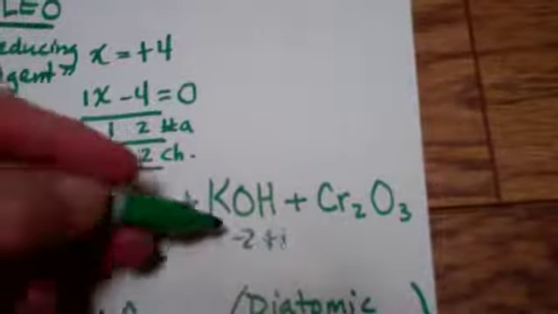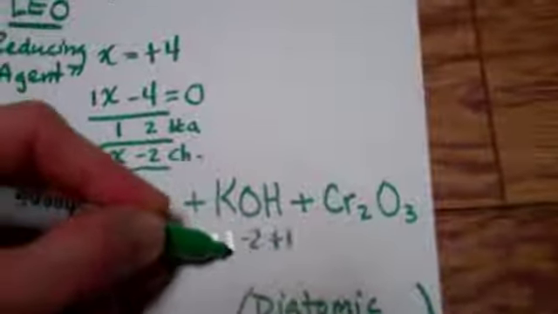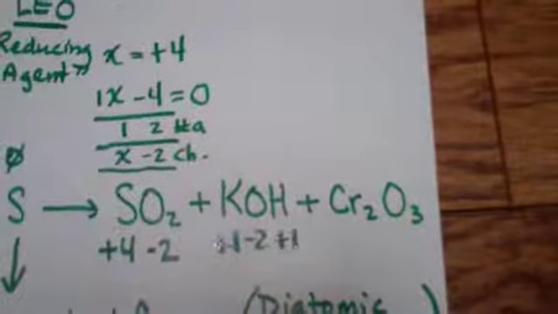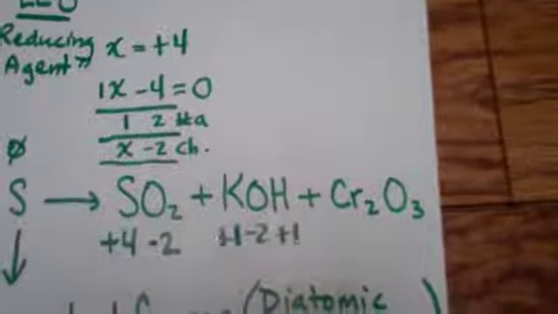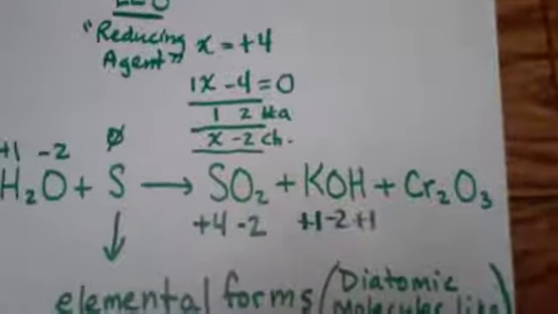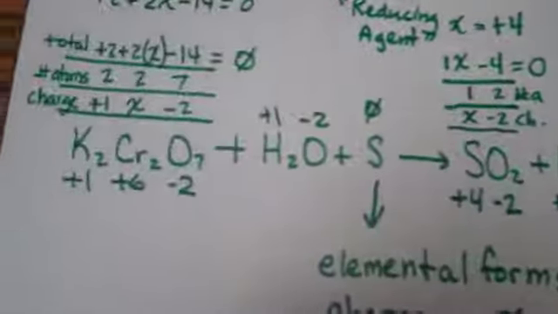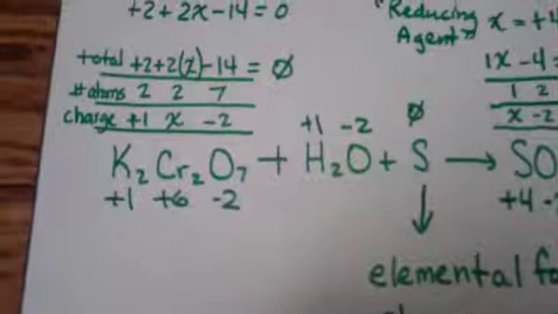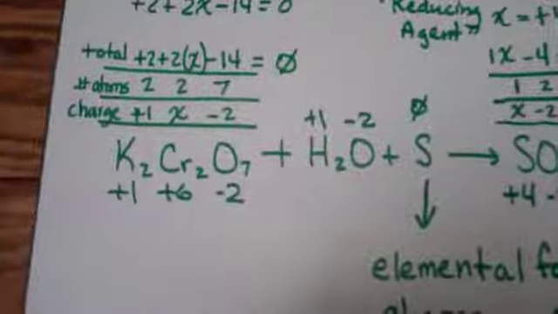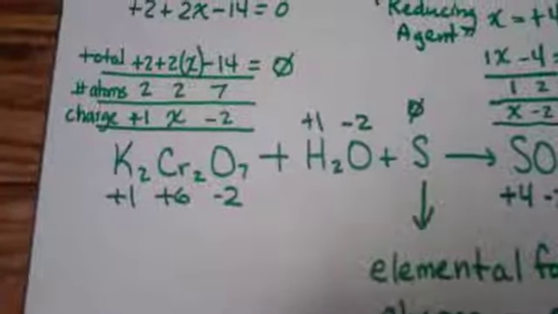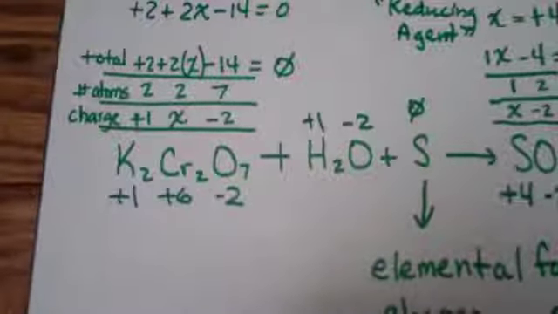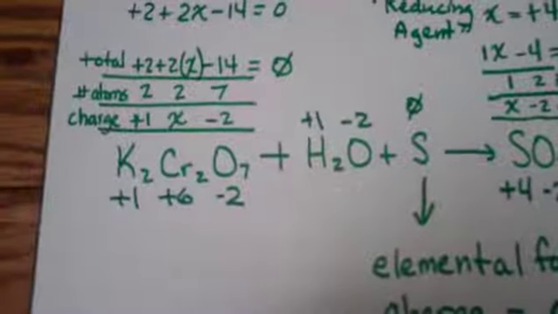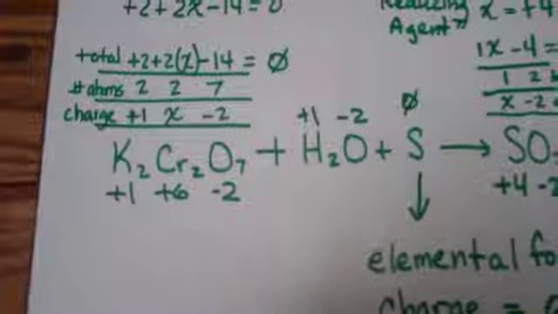And our potassium is always going to be +1 because it is in the group 1 elements. And we say that that balances out. We can also check out our potassium and hydrogen on the other side of the equation, and we can see that they maintain that same charge. So because they maintain the same charge, there's no oxidation and reduction of those atoms going across our equation.